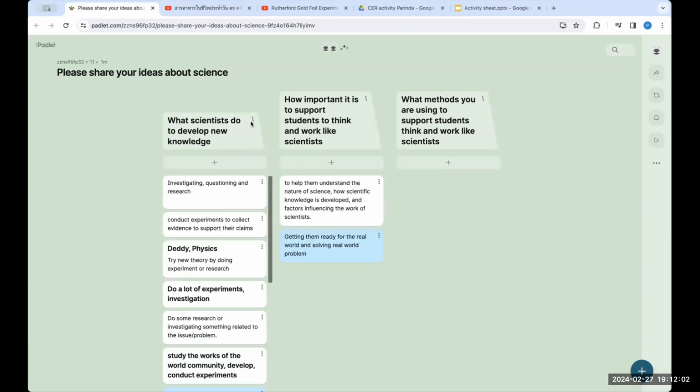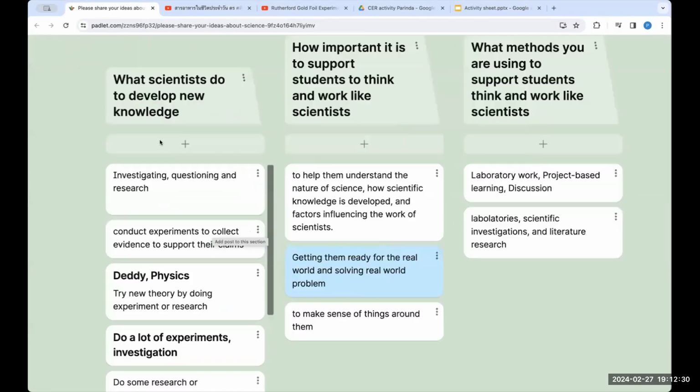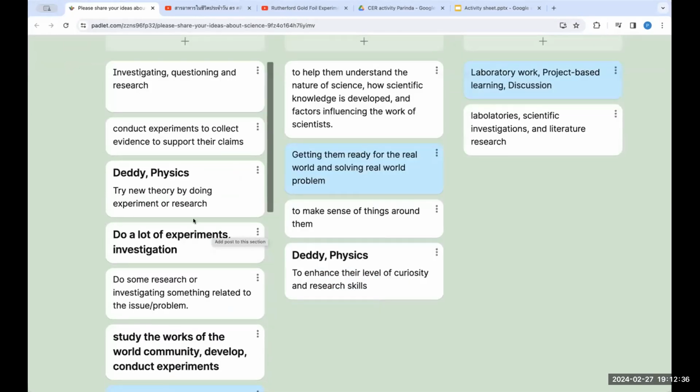I can see it now. We've got a lot of answers about questioning and research, experiments and research.